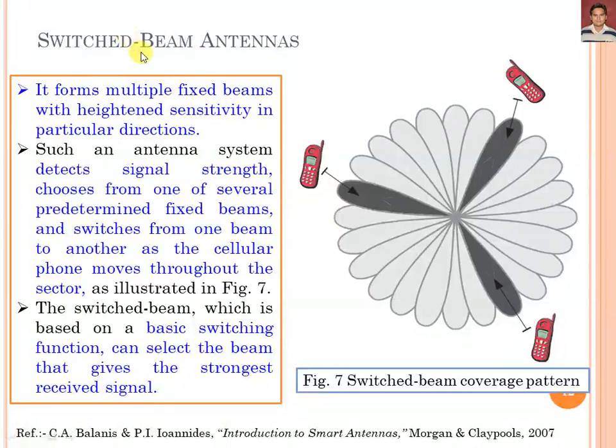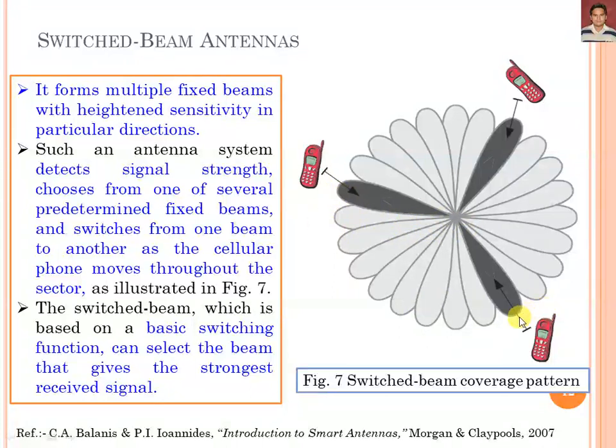You can also understand how the switched beam antennas radiate. You can see from this figure that in switched beam the radiation, or beam pattern, is predefined.